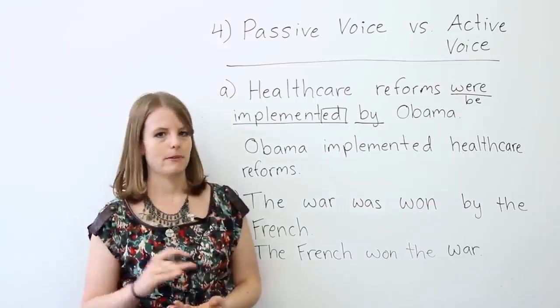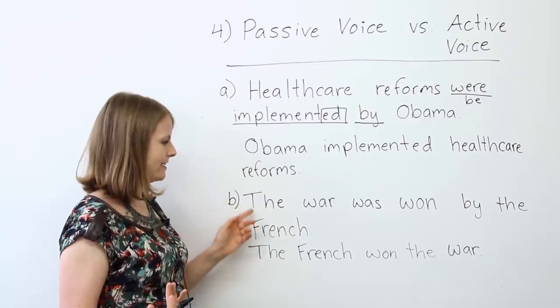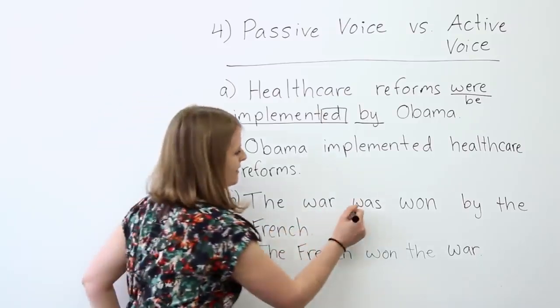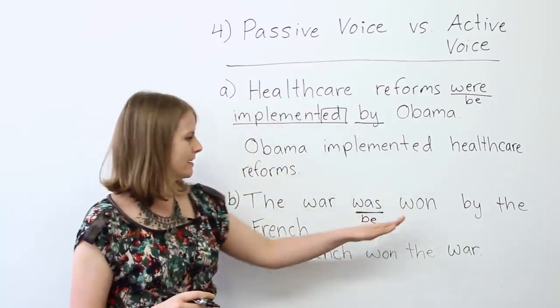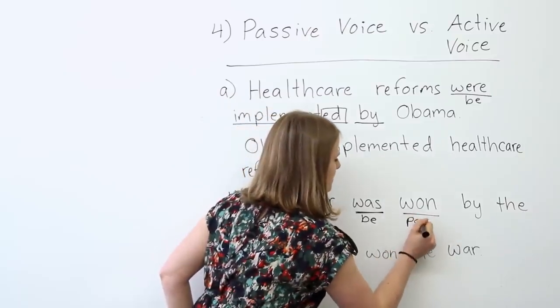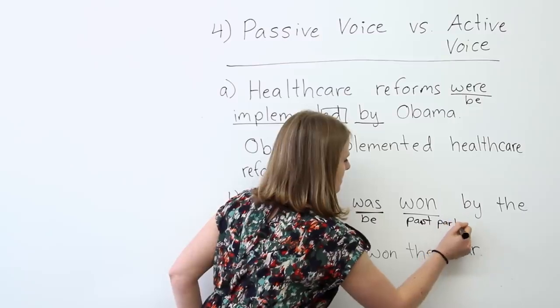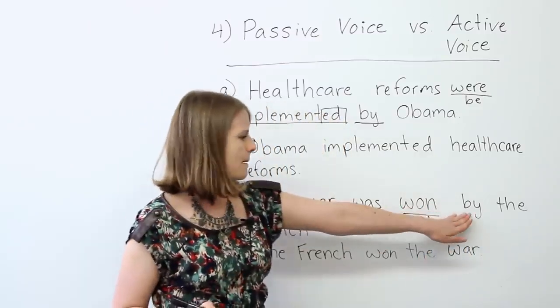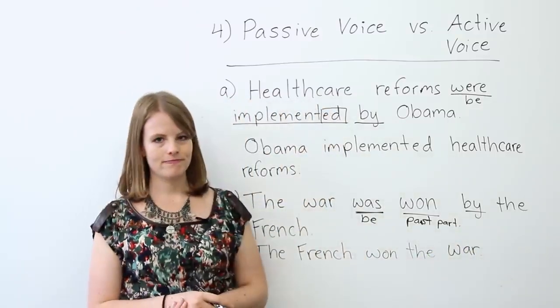So here is another example of this. If I wrote in the passive voice, I would write, the war was won by the French. Here we have a form of the be verb, and won, the past participle of win, then by, another keyword, and the French.